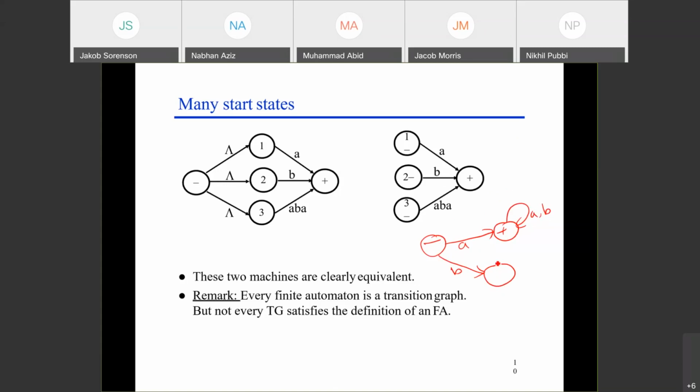Now, is this a valid FA or not? The regular expression of this machine is A into (A plus B) whole star. It will accept all those words which start from A, and that's it. So is this a valid FA or not?